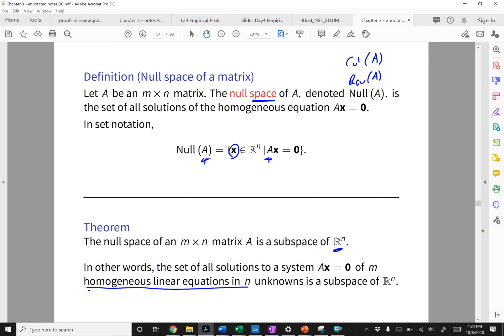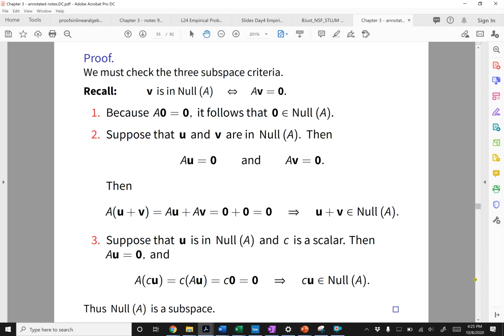If it's a square matrix and all the columns or rows are linearly independent, then the only thing in the set is the 0 vector, because A times the 0 vector is the 0 vector. But if we start having free variables, then we're going to have more. In fact, every free variable will add a dimension to the space that this spans.